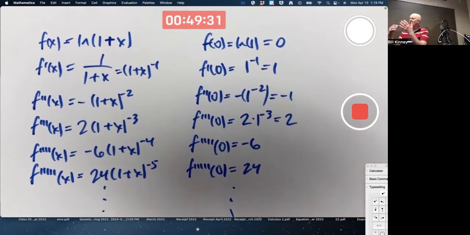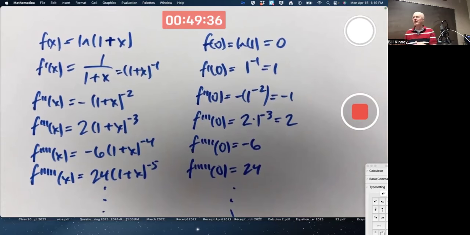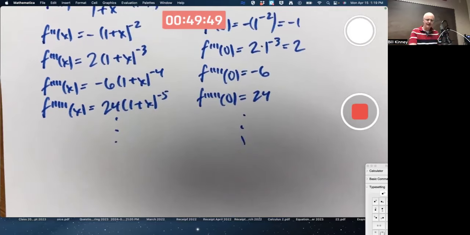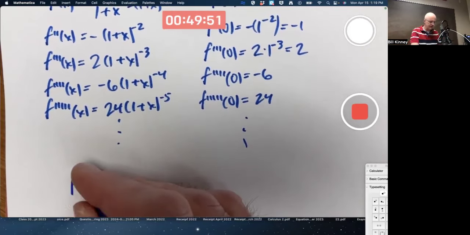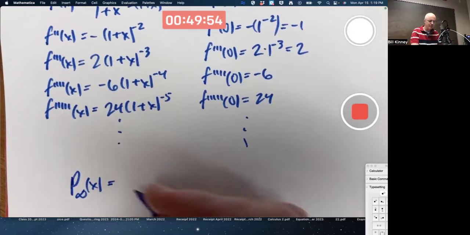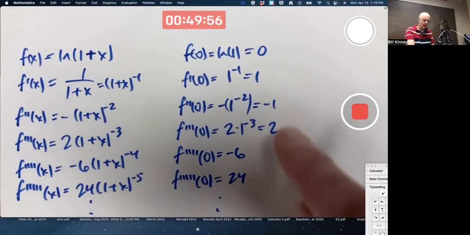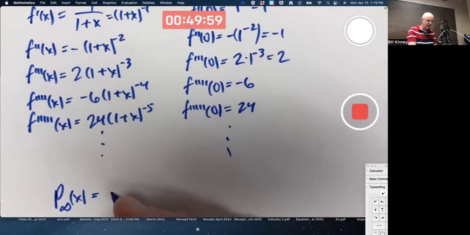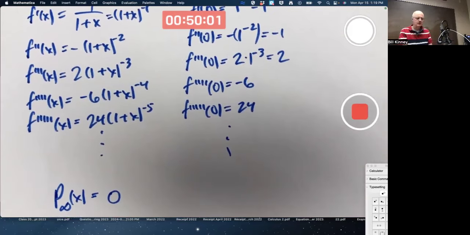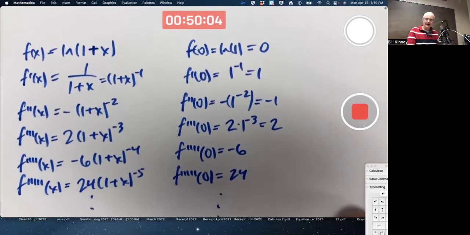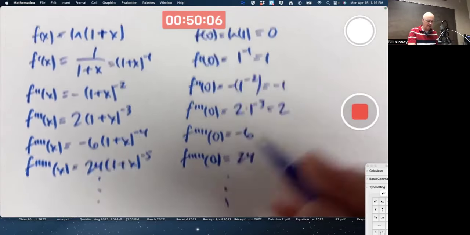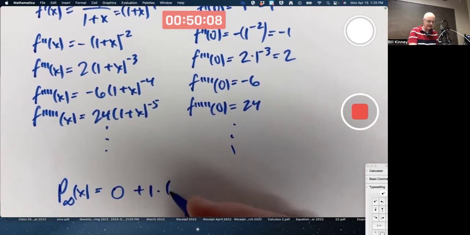So evidently the coefficients 1, negative 1, 2, negative 6, positive 24, negative 120 would be the next one. They're like shifted. The power of x that they go with is different. The Taylor series, P infinity of x: the constant term is 0, plus the derivative at 0, 1, times x minus 0.